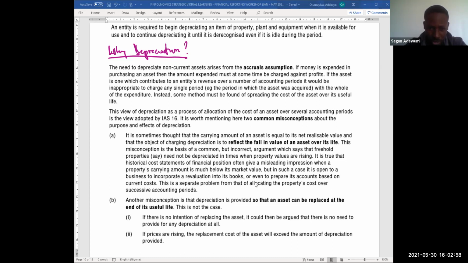It is worth mentioning here two common misconceptions about the purpose and effects of depreciation. One, it is sometimes thought that the carrying amount of an asset is equal to its net realizable value, and that the object of charging depreciation is to reflect the fall in value of an asset over its life. This misconception is the basis of a common but incorrect argument, which says that freehold properties need to be depreciated in times when property values are rising.